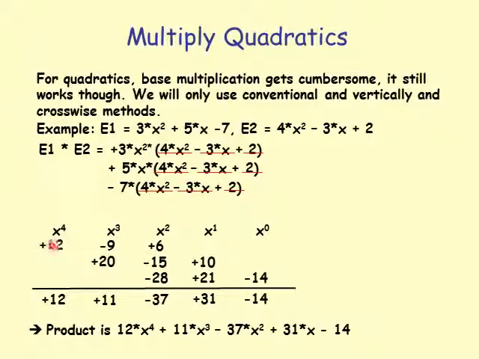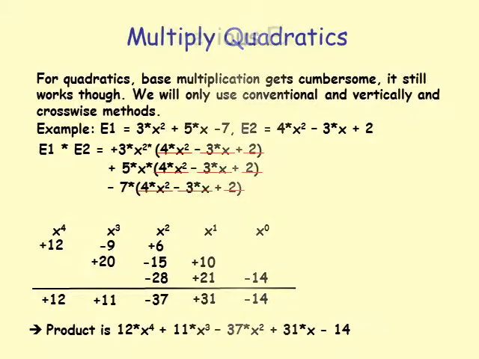From the left we ramp up 1, 2, and 3, and then we ramp down 2 products and 1 product. That tells me the product is 12x fourth plus 11x cubed minus 37x squared plus 31x minus 14.